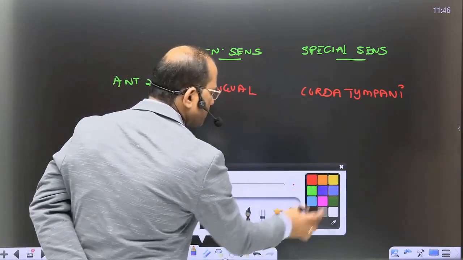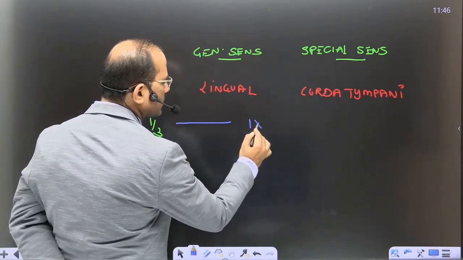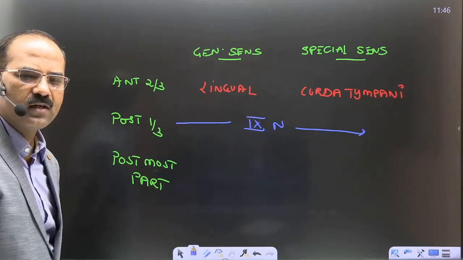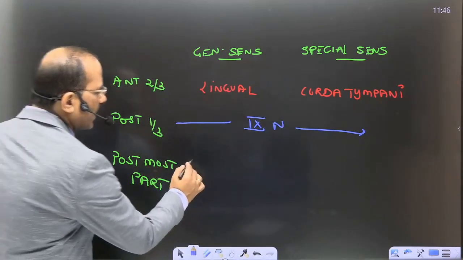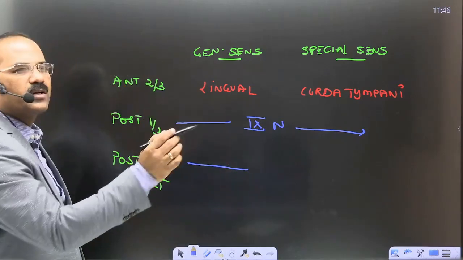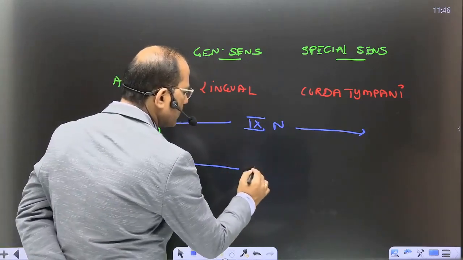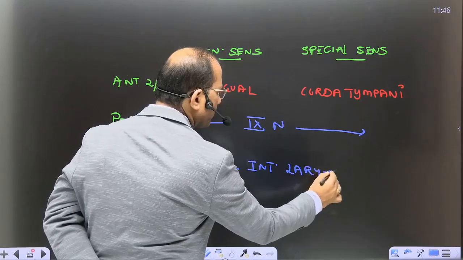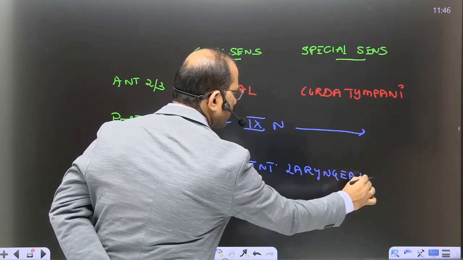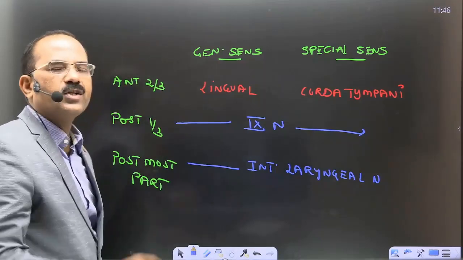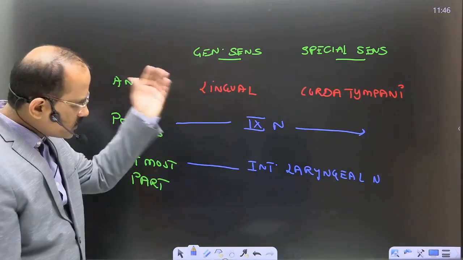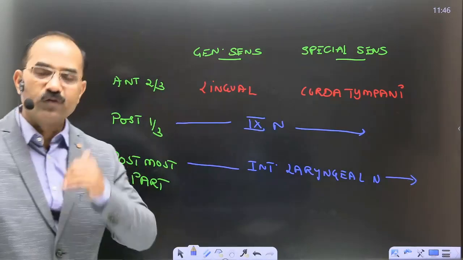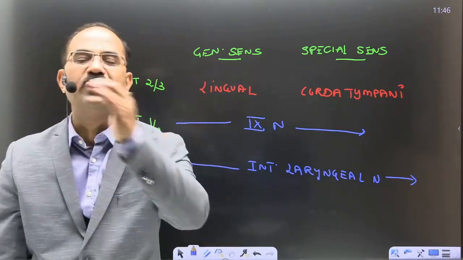Posterior 1/3, both general and special sensation, is glossopharyngeal nerve. The posterior most part of the tongue, both general and special sensation, is the internal laryngeal nerve, which is a branch of the superior laryngeal, which is a branch of vagus.